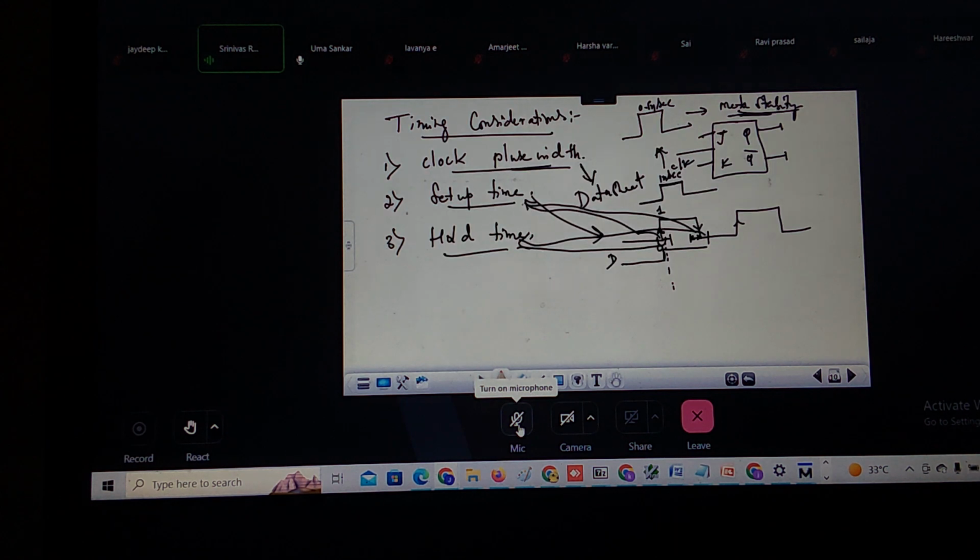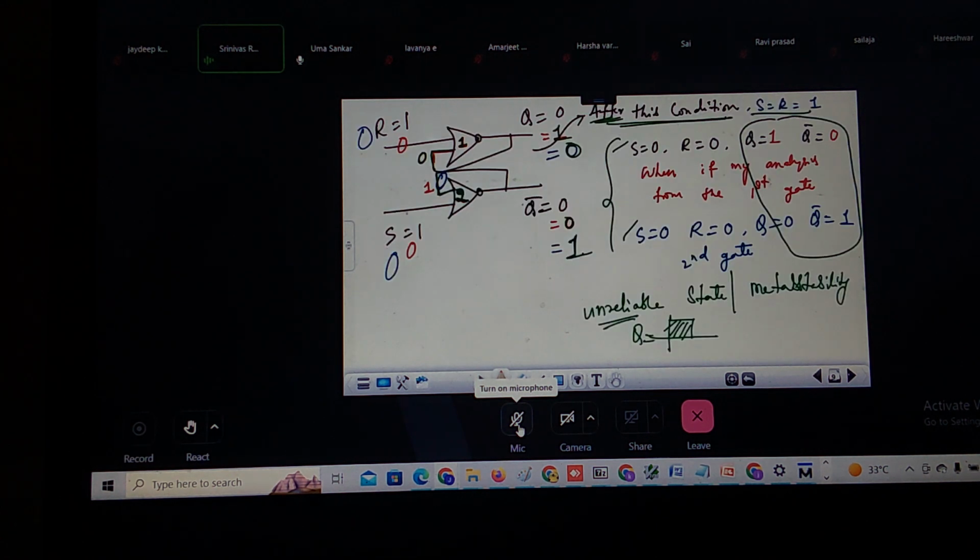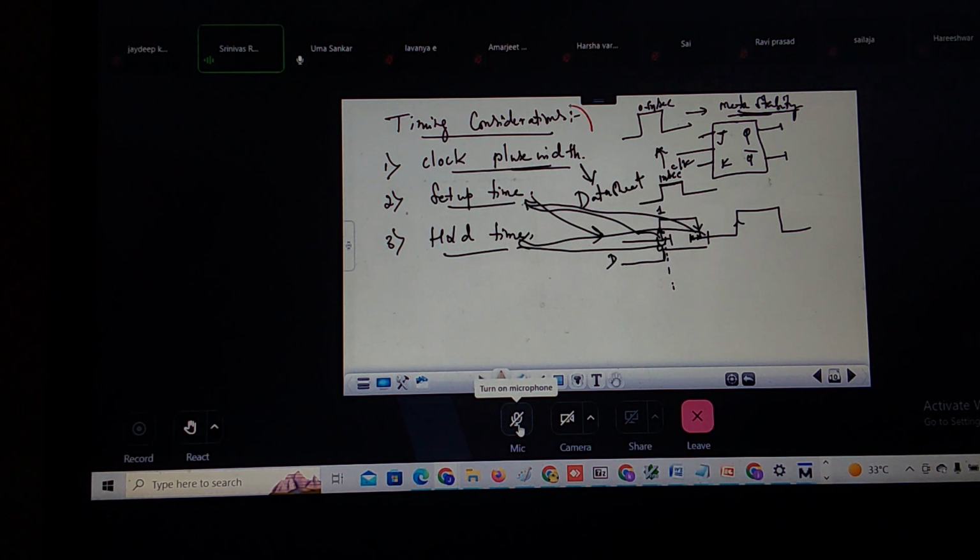So what should you think about when you are using the flip-flop? What things do we need to consider to work with a flip-flop? Timing considerations.